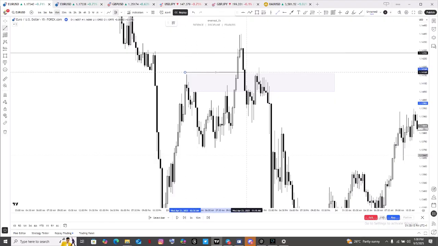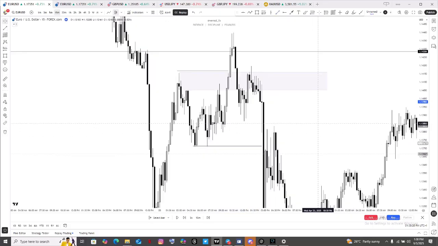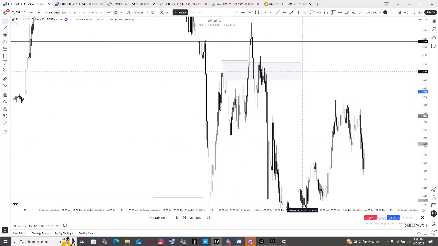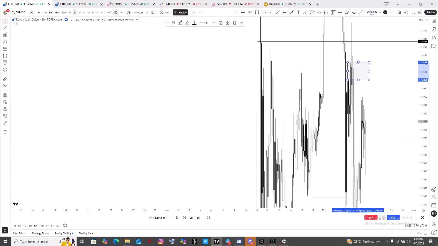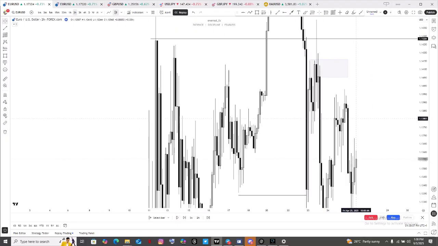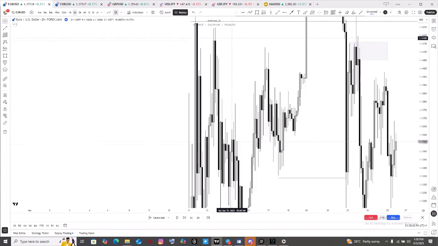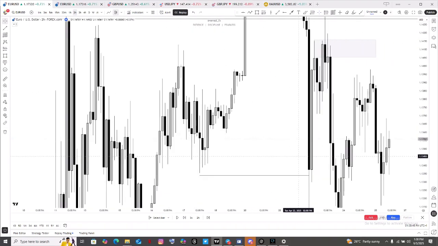It broke structure here and broke to the downside. So I can simply be waiting for the market to come up to this place so that I can continue selling. The market might come or might not come. Just learn that this is a Quasimodo.